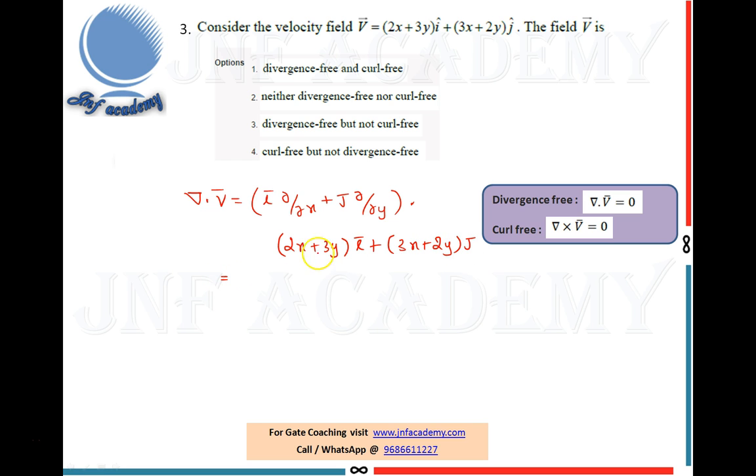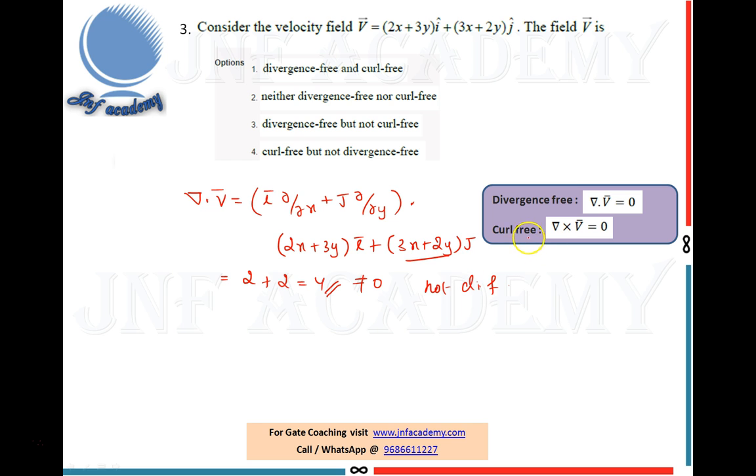Now in the dot product, i dot i is 1, ∂/∂x of this part is 2, and this is 0. Plus j dot j is 1, so ∂/∂y of this part is also 2. Finally I got 4. It is not equal to 0. So V vector is not divergence free.